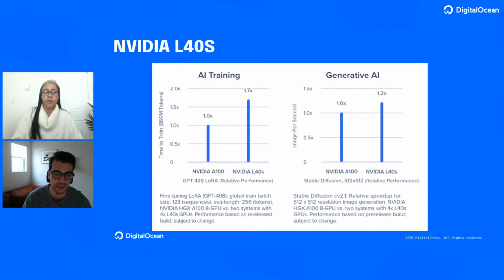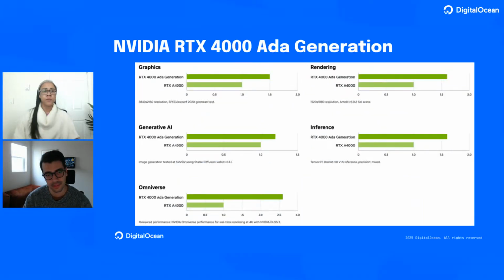And also for Gen AI use cases, you can see that relatively L40S provides a 20% performance increase over an A100. Similar performance profile for 4000 ADA. You'll see that compared to the previous generation, for graphical use cases, and including inference as well, 4000 ADA roughly offers 50% performance improvement compared to the previous generation.